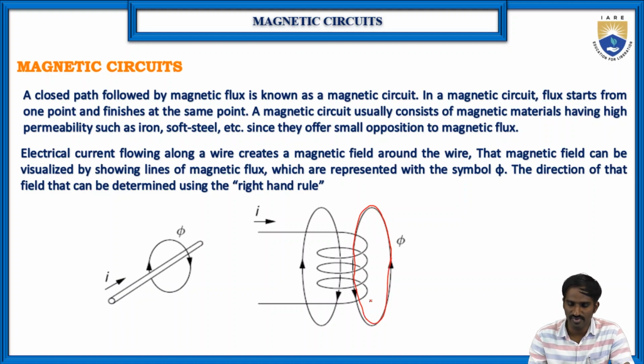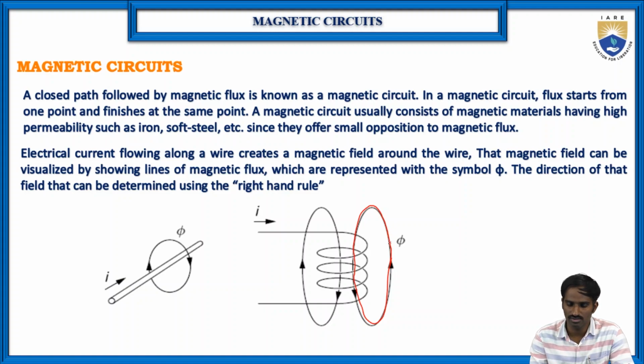Then the strength of the magnetic field is measured in terms of the flux, and we know the unit for the flux is Webers. In a magnetic circuit, the flux starts from one point and finishes at the same point, because it is also a closed path.